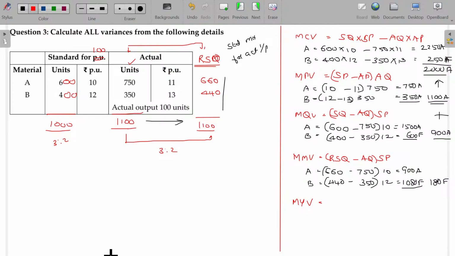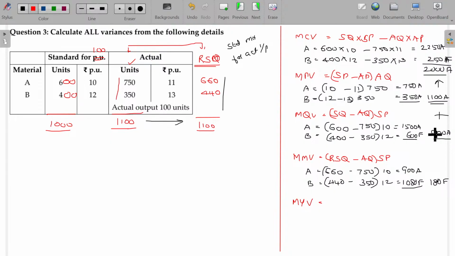What does it mean? Material yield variance. Material yield variance is nothing but, I ask you a question, why did you change from this ratio to the other ratio? You may say that, sir, cost efficiency. I want to introduce a cheaper version of material more for reducing the cost.